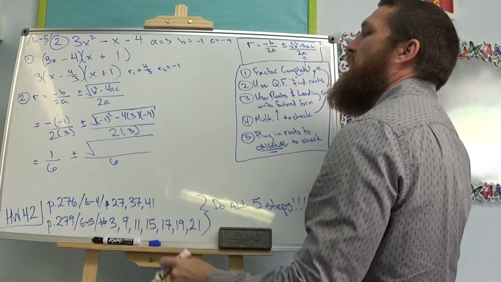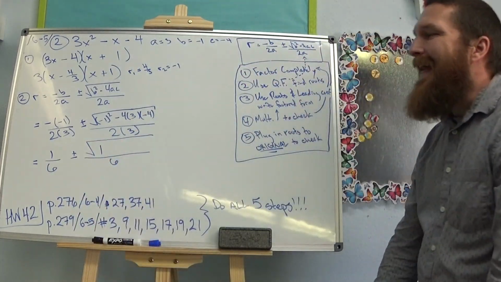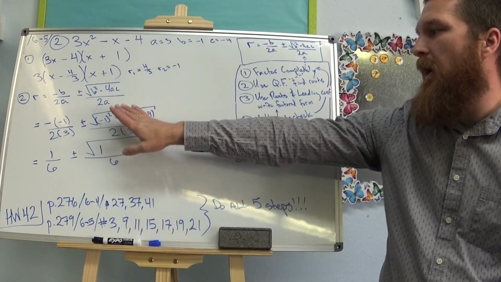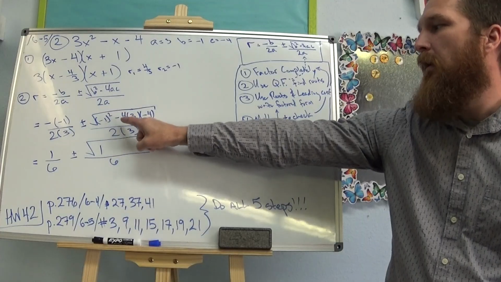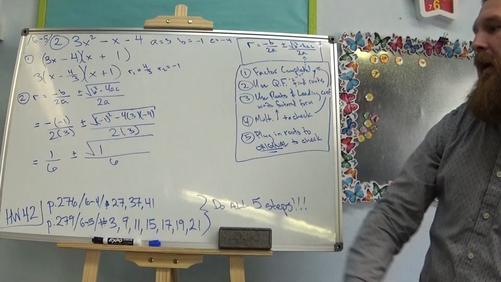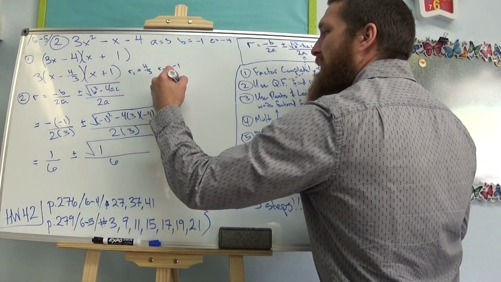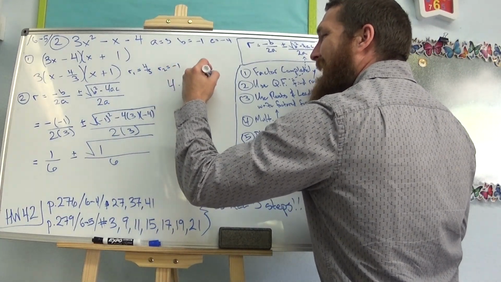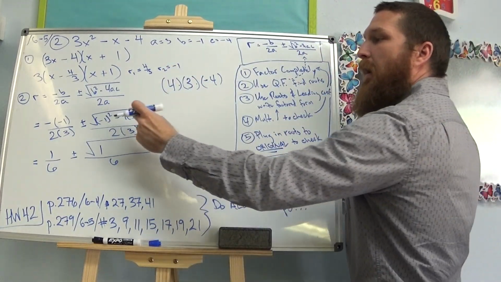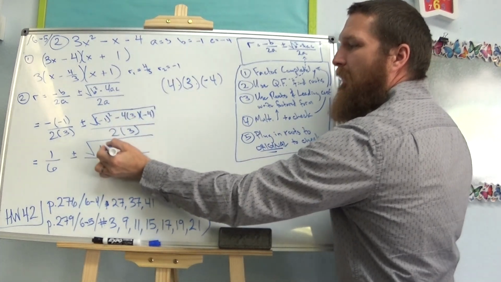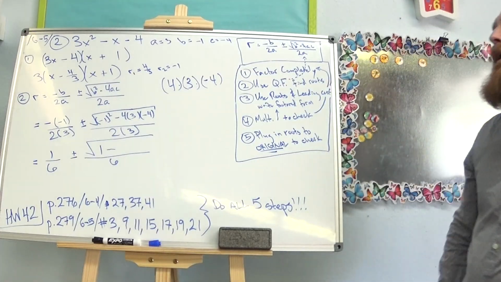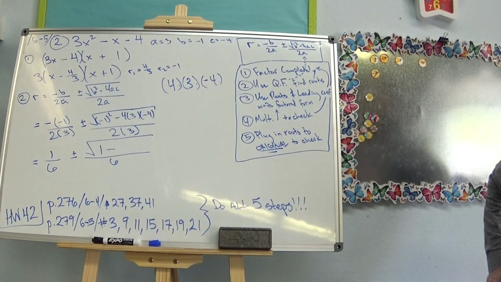Now, negative 1 squared is positive 1. Now, I notice that I'm subtracting 4ac, and this is how I like to look at it. I say, okay, positive, positive, negative. So that whole thing, 4 times 3 times negative 4, is a negative number. And I'm subtracting a negative. So I usually write it like this, and as I'm copying it down, I put a negative. Then I ask myself, what sign should that thing have?